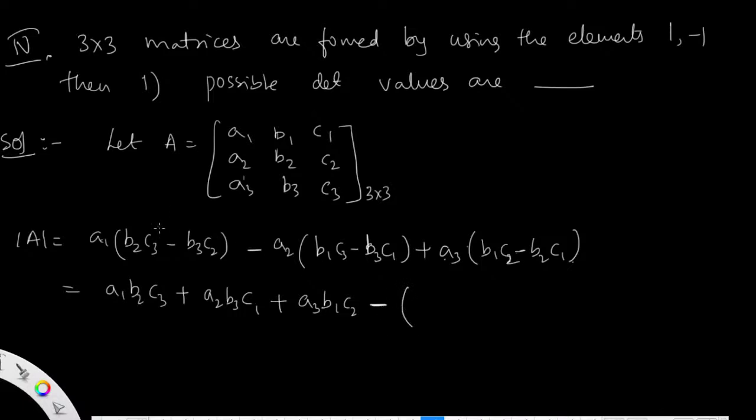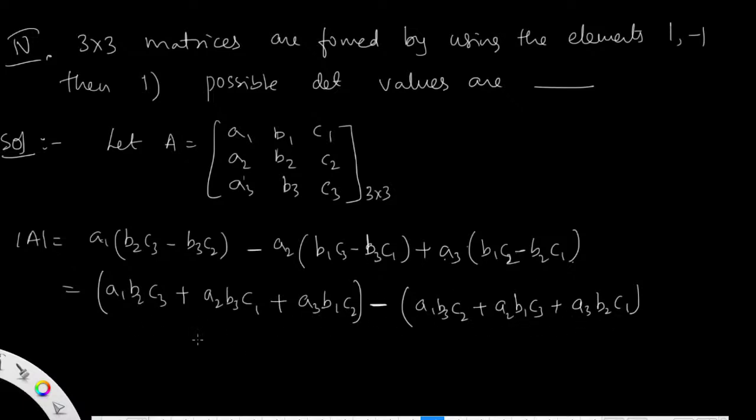Taking minus common from the remaining terms, they are A1 B3 C2, A2 B1 C3 and A3 B2 C1. This is in the form of products of the values, where this group is always positive and this group is always negative.